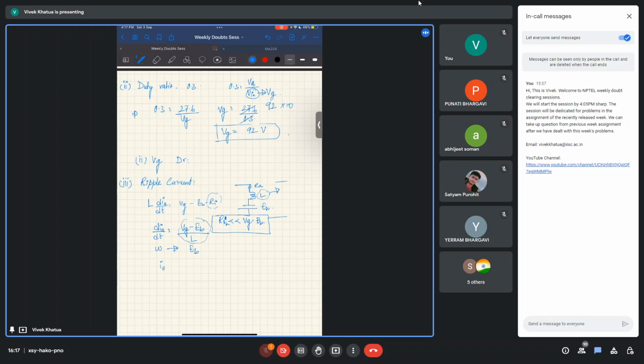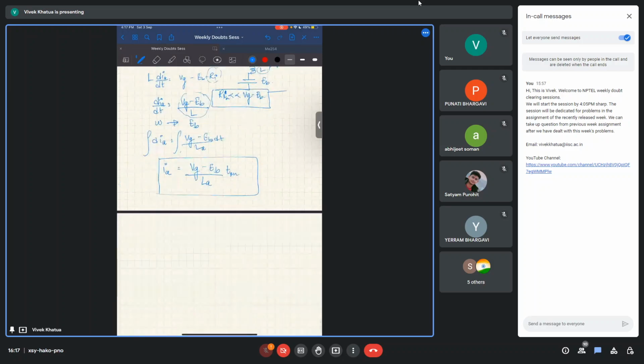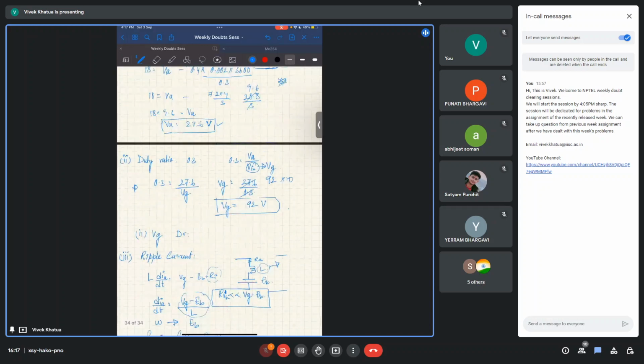If you need to find current, you'll have the integral of Vg minus EB by L dt. Since this is a constant, it will depend on the time the circuit is active, the T on time. So this is nothing but your current through the inductor for the T on time. So this is your ripple current.